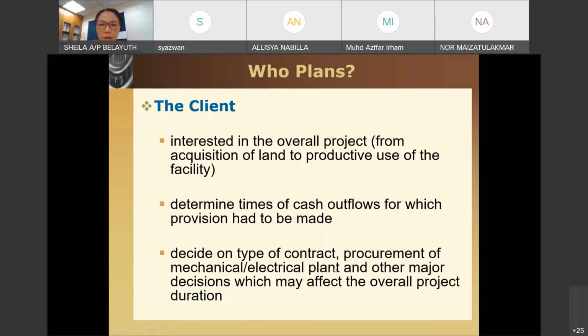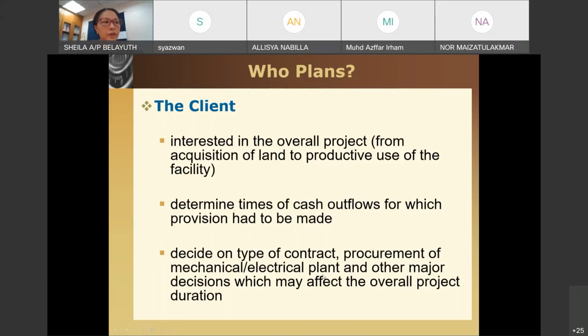Tak ada, tak pernah dengar. Have you heard of lump sum? Lump sum contract ke? Yes. Kan? Bill of quantity ke? Okay, negotiable ke? So those are types of contract.